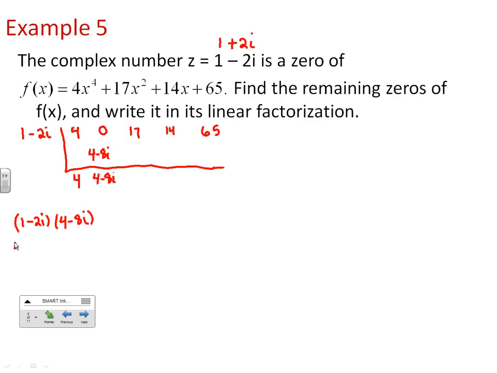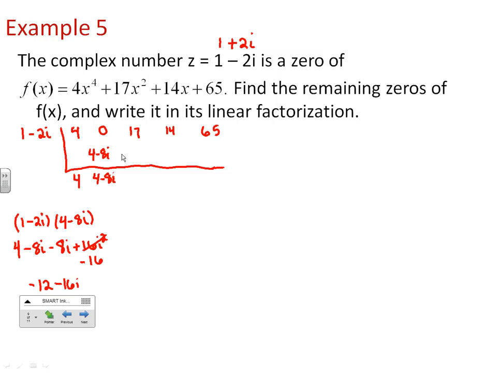So, first is 4, outer is negative 8i, inner is negative 8i, last is plus 16i squared. So, the 16i squared is really a negative 16. So 4 minus 16 gives me negative 12. Negative 8i minus 8i is negative 16i.